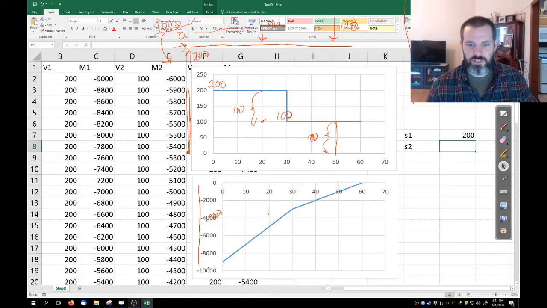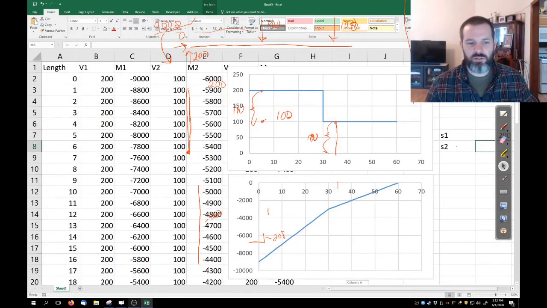which is very interesting, because the slope of this line being 200 matches the value of the shear diagram from that segment. Let's do S2. S2 will work for any L greater than 30.